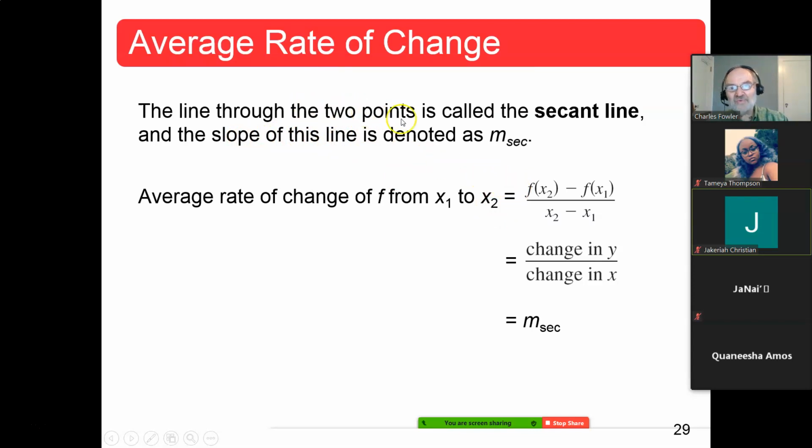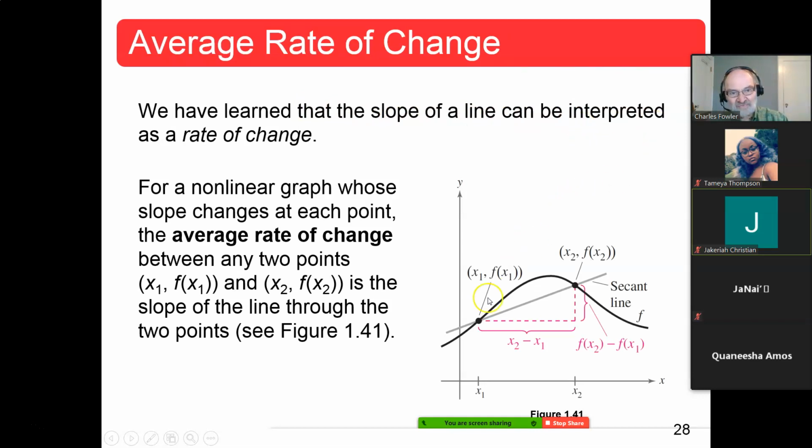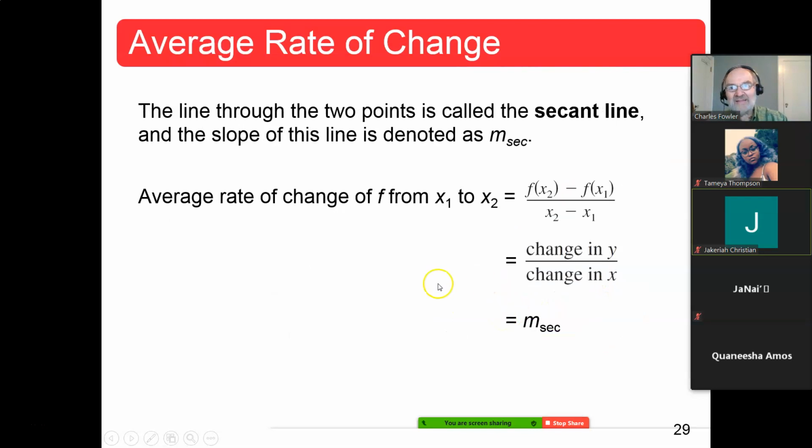The line through 2 points is called the secant line. That line right here is called the secant line, that light blue line here. Okay? And the slope of that line, they use M for slope. I don't know why they use M, but everybody does. And they put SEC here for not Southeastern Conference, but secant. Okay, the slope of the secant line.